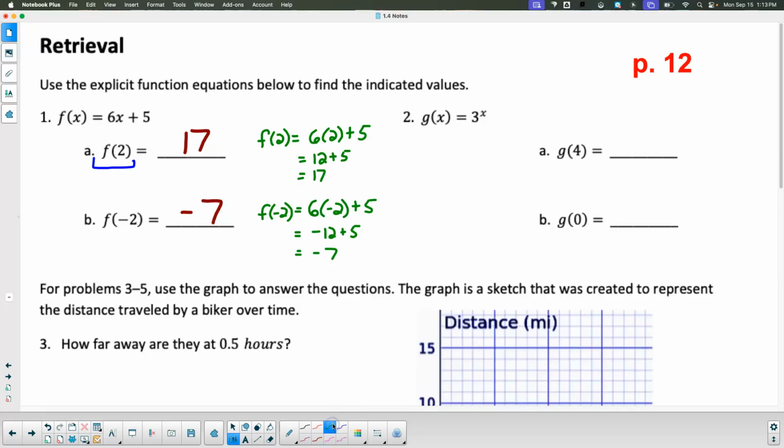G of 4 says that I'm going to put 4 in for x, now in the g function. What does 3 to the 4th mean? Not what is it, what does it mean?